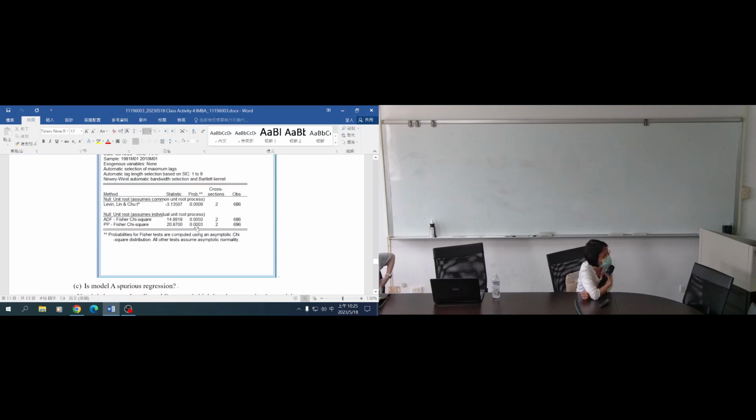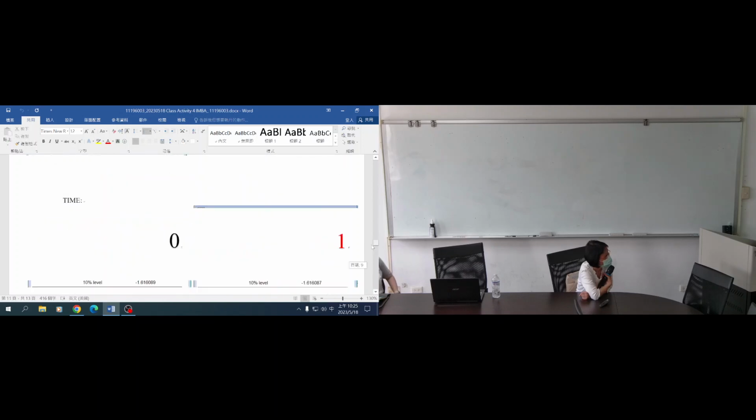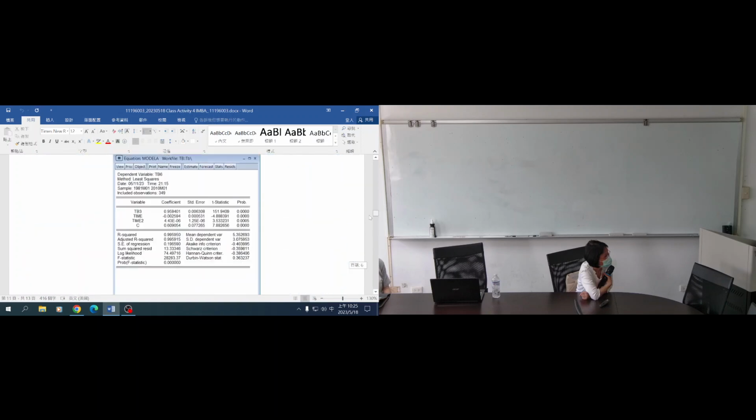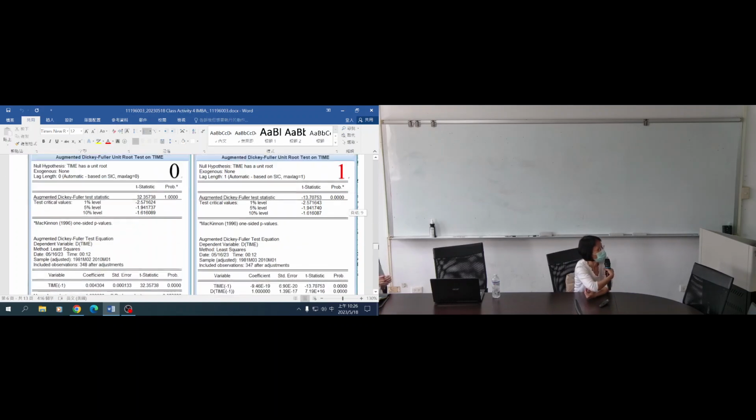So is model A spurious? I think yes, because the adjusted R-square is high, as you can see here. Here it is 0.9959.